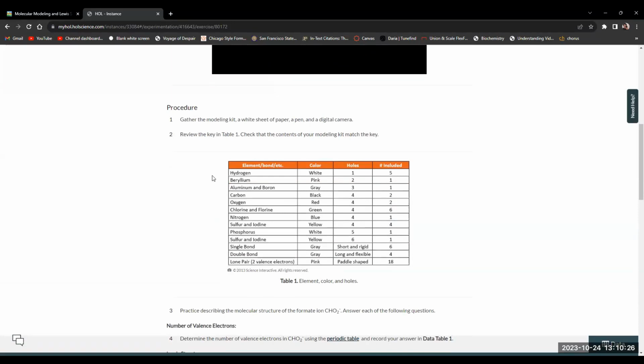So this chart right here, table one, helps label the little marbles and what they represent. The tiny white ones are considered hydrogen, and make sure you don't confuse those with the larger white ones that have like 6 holes in them.